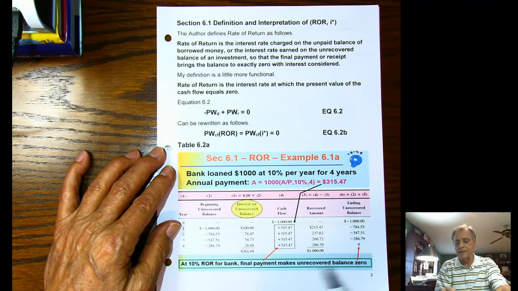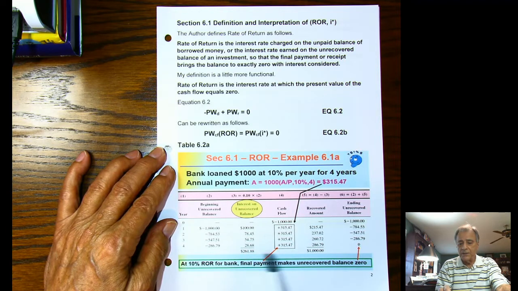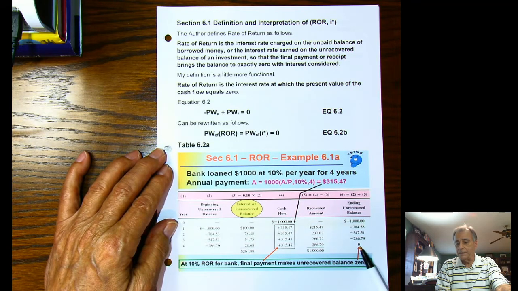$547.51. And this process continues, and when you make that fourth payment of $315, then only $28.68 is interest. The rest of it is principal, and it exactly pays off the loan. So your unpaid balance is zero.